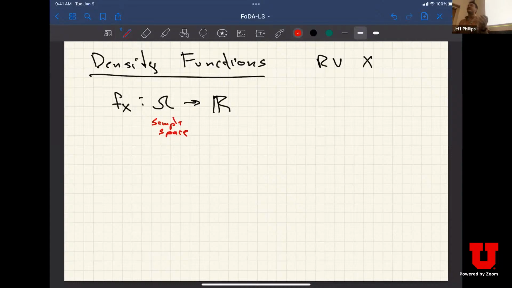This is going to be a density function. I'd like to say probability here, but the probability of getting exactly 0.56 inches of rain is going to be 0. It's a measure 0 event, as they say. And so it's not actually a probability here.